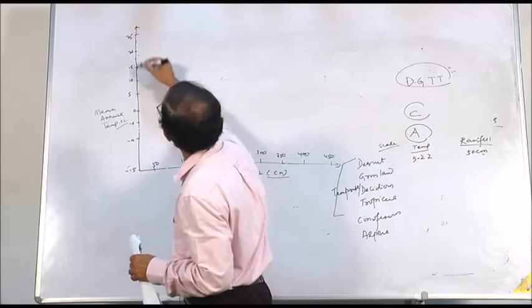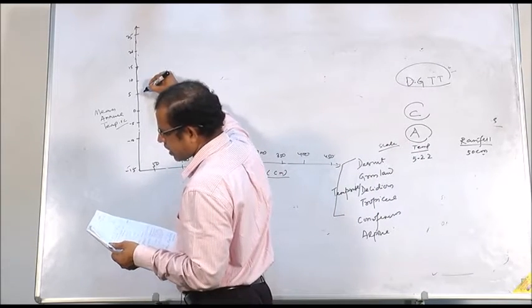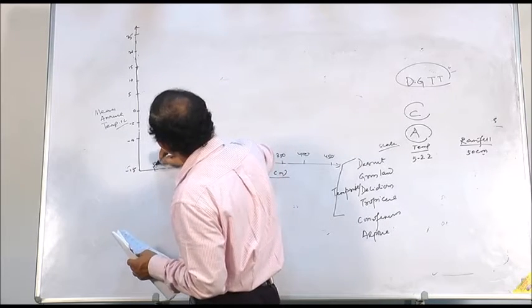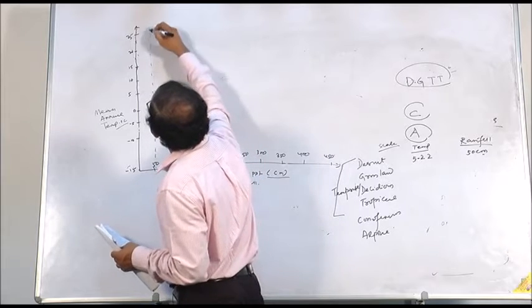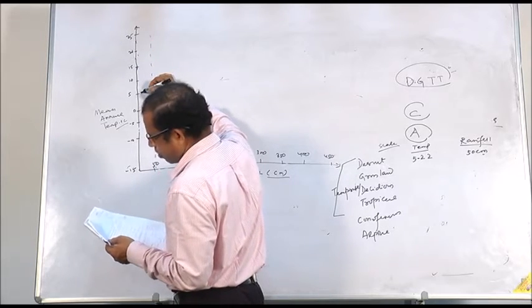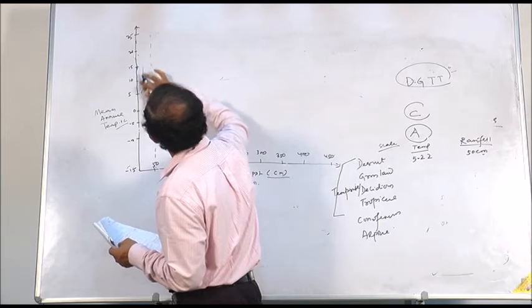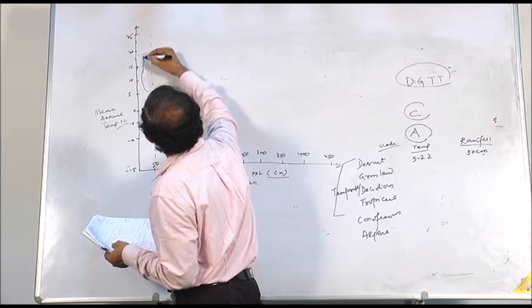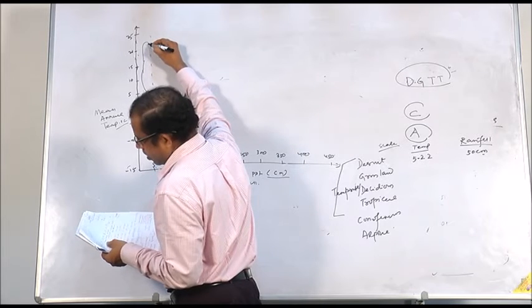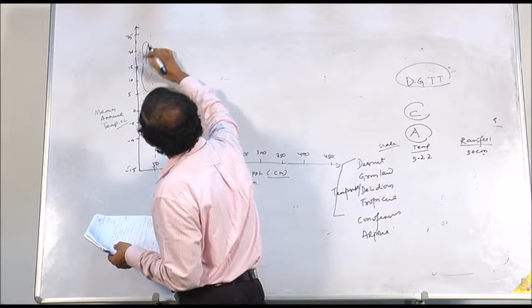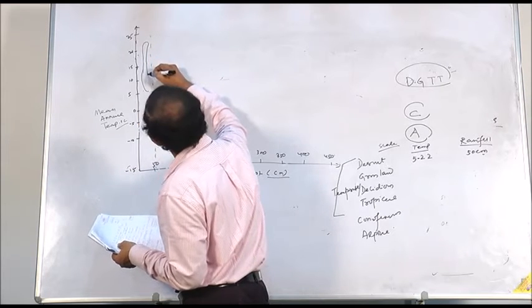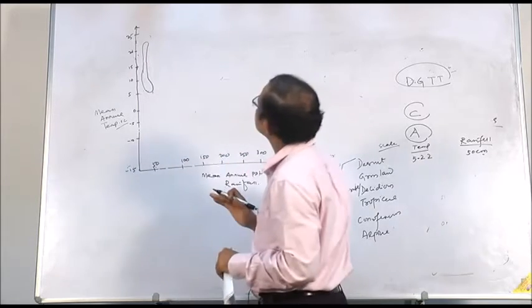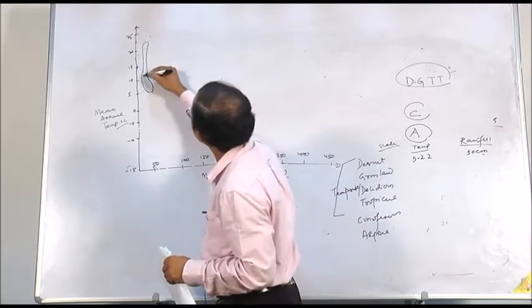So I will take 5 to 22 here, and the rainfall here is 50, so my area will be like this. This is my desert.